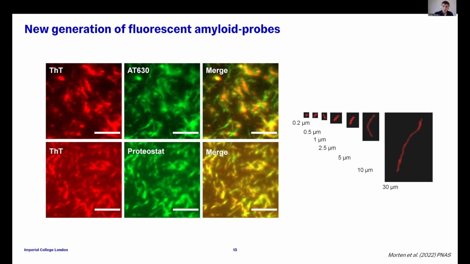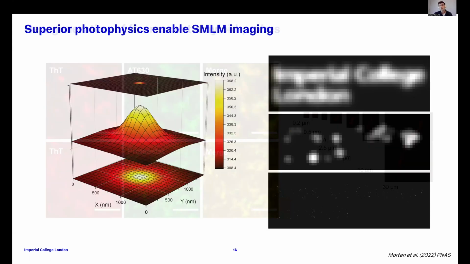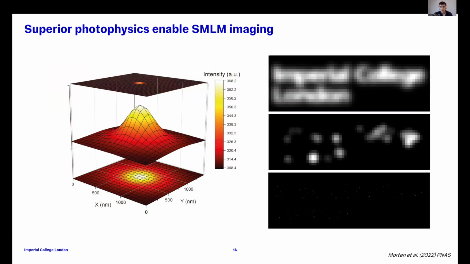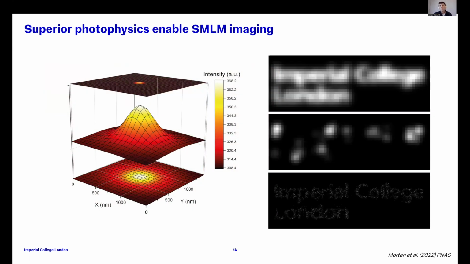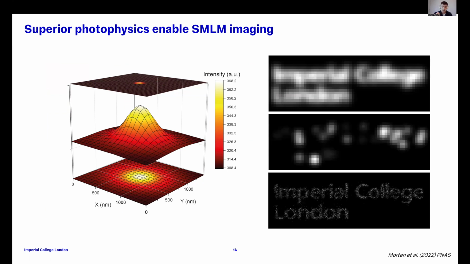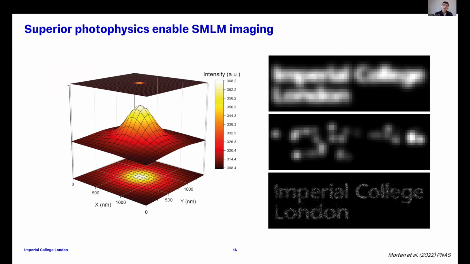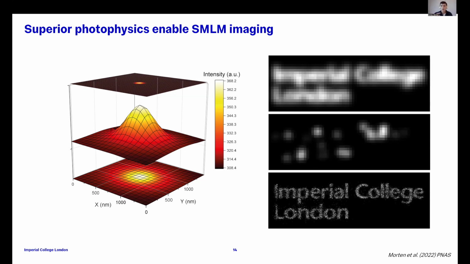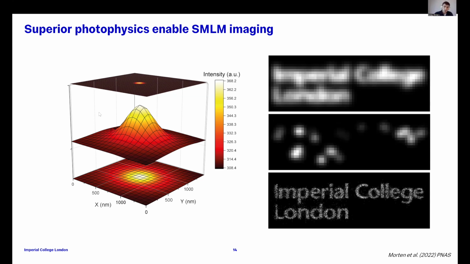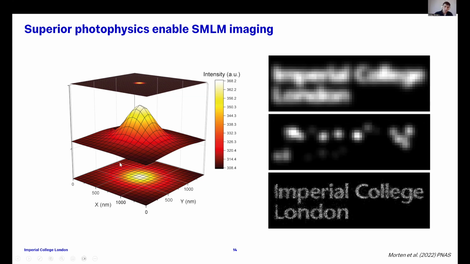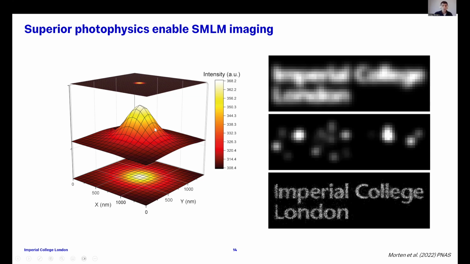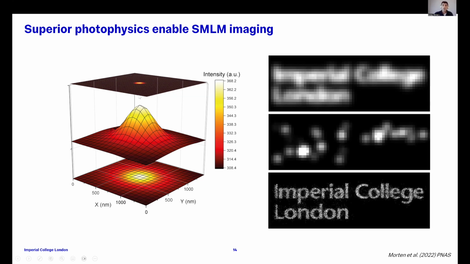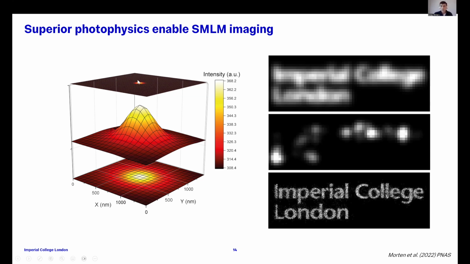So in order to push through this diffraction barrier, we use single molecule localization microscopy. I'm not going to spend too much time on this, but basically it relies on the fact that we need to be able to detect single fluorophores. We do this by pushing the fluorophores into a bright state and a dark state, and once we get an image of a single fluorophore, which you see here on the bottom left, we can fit it to point spread functions and then calculate its localization to a greater precision.